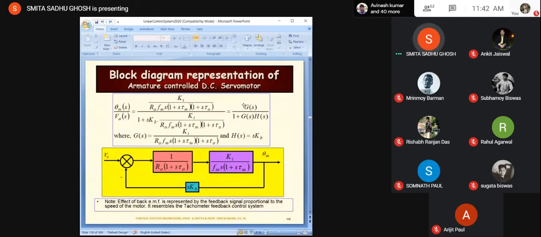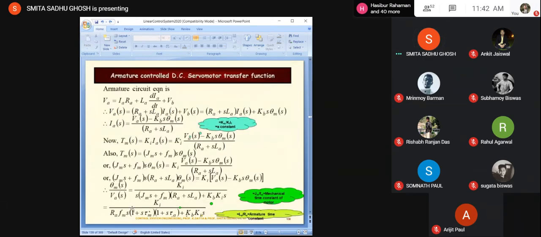Because in this case the back EMF comes as an additional term in the overall transfer function, this term is still present as an additional term. So we cannot simply develop the block diagram directly.